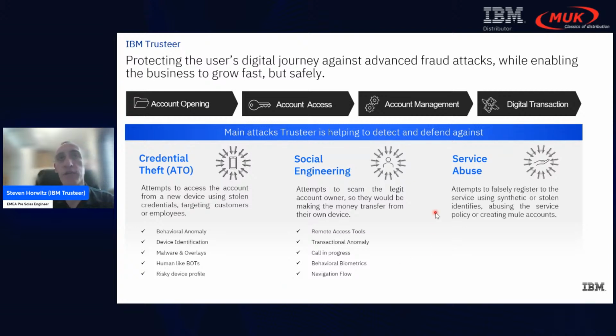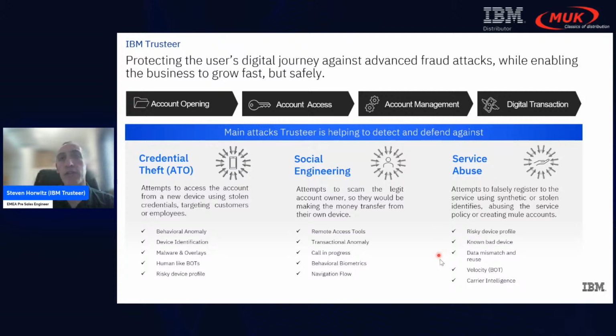And finally, service abuse. Service abuse relates directly to the account opening stage, when you try to use credentials to create synthetic accounts or mule accounts, or to get access onto the system, move funds out of certain accounts.